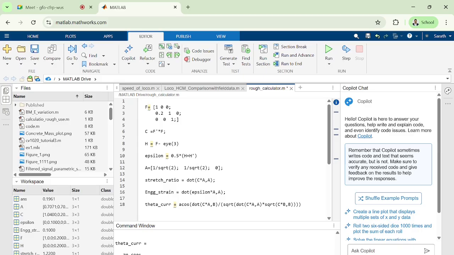This will give us radians, so multiply by 180 divided by pi.